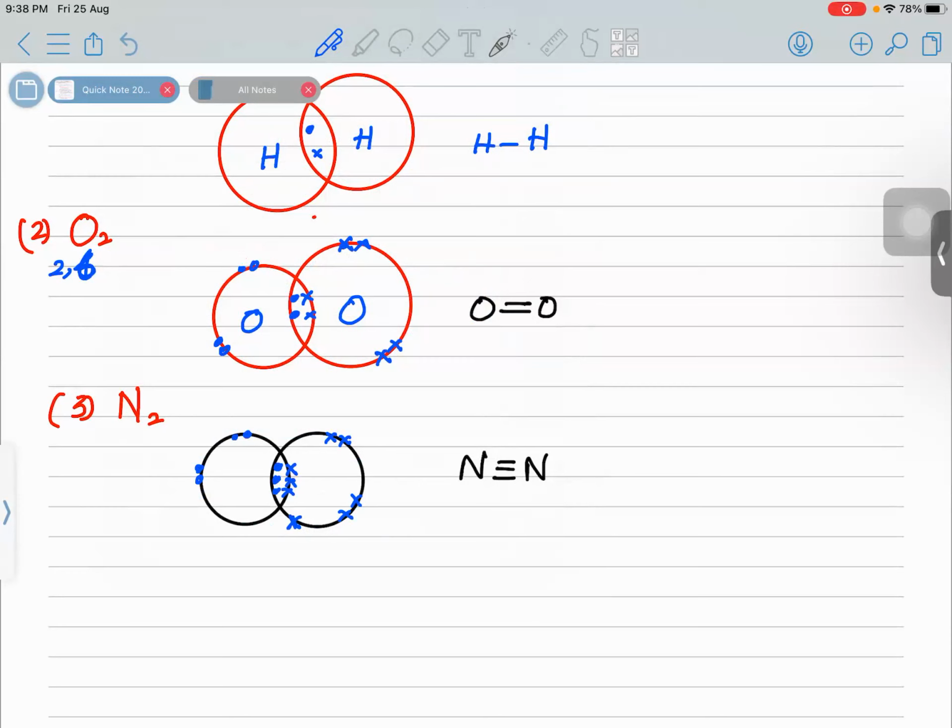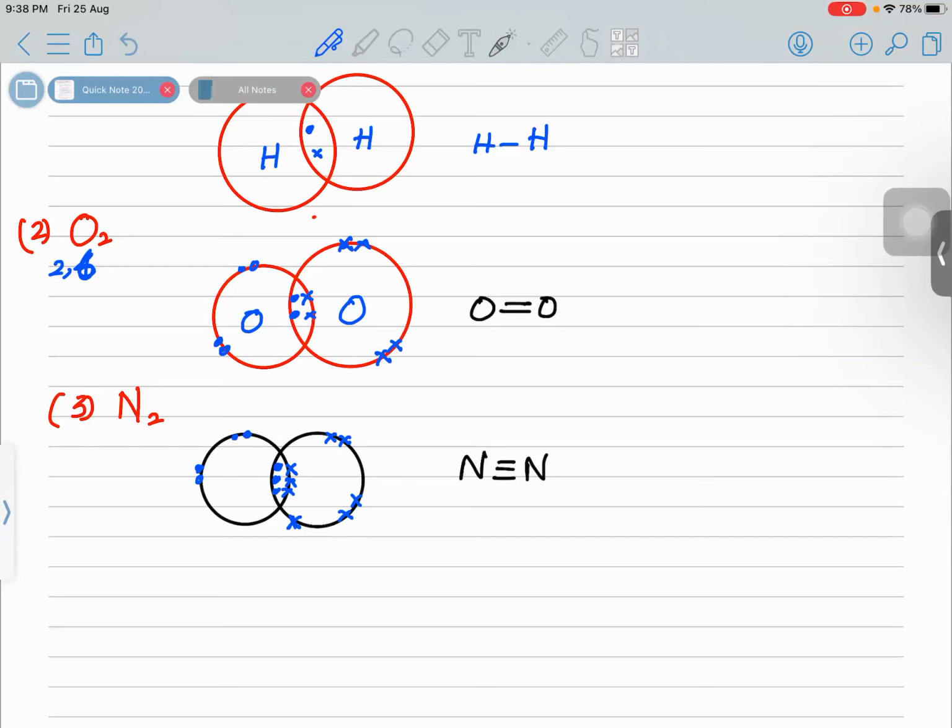Can you tell me whether the diagram is right or wrong? It's wrong, because if we draw it this way, then each nitrogen atom is getting 11 electrons.